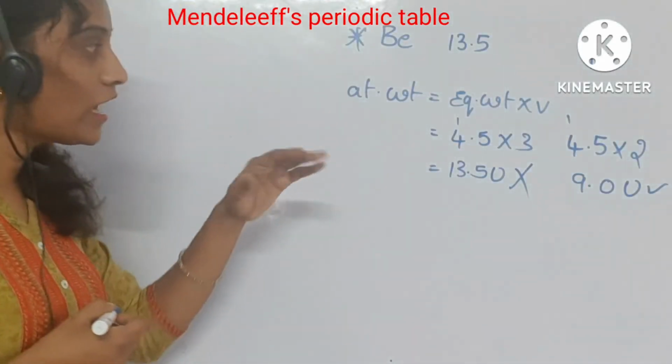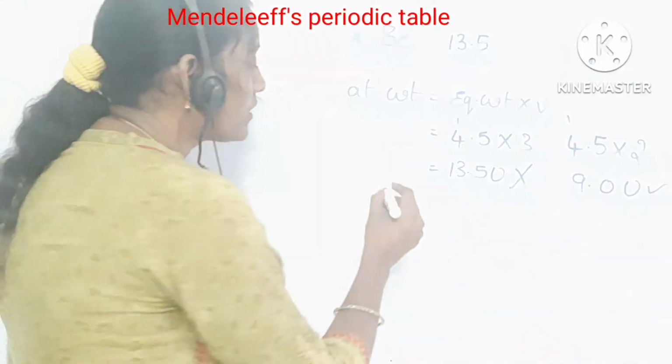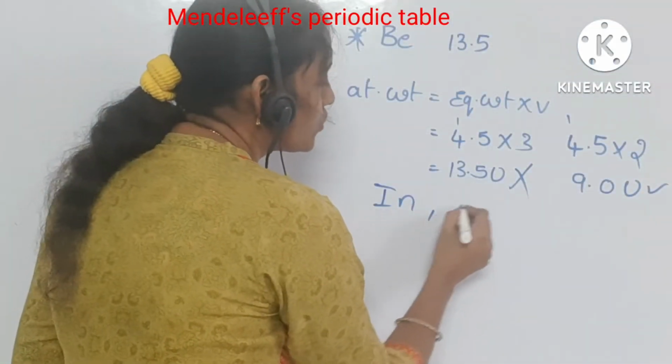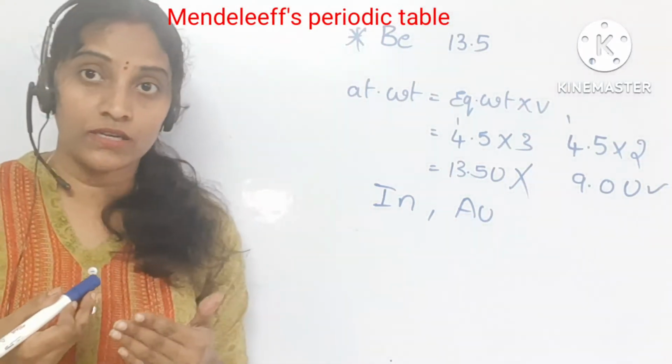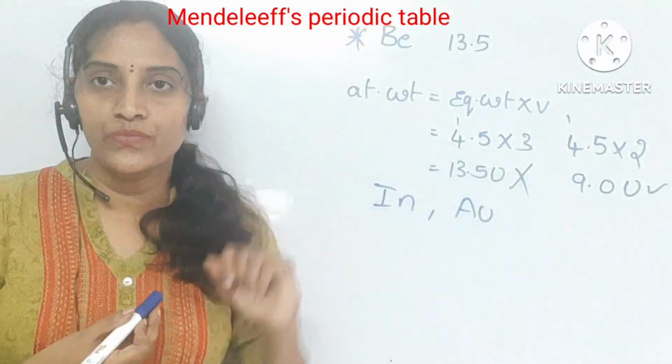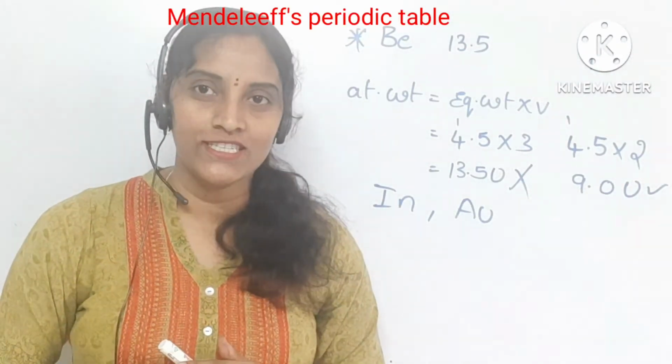And his work also helped in the correction of other elements' atomic weights. What are those? See, indium and gold also. Their atomic weights were also corrected by Mendeleeff's chart. These are the salient features of Mendeleeff's periodic table.